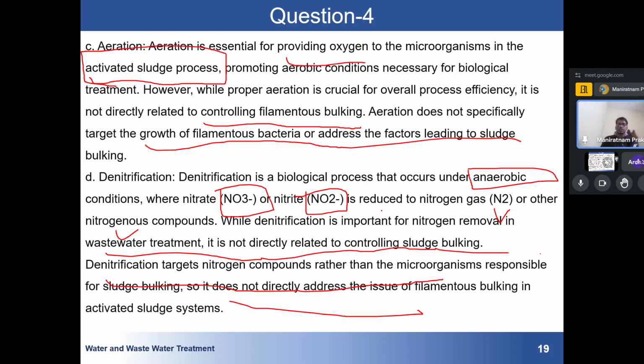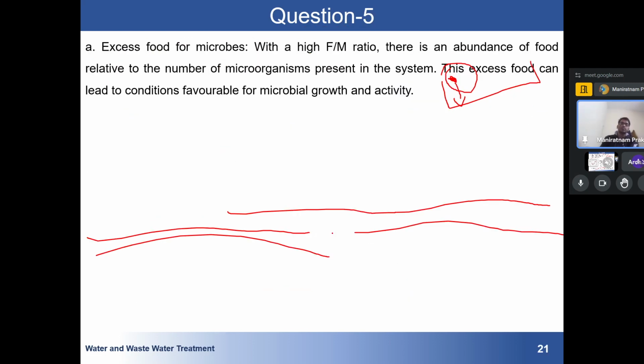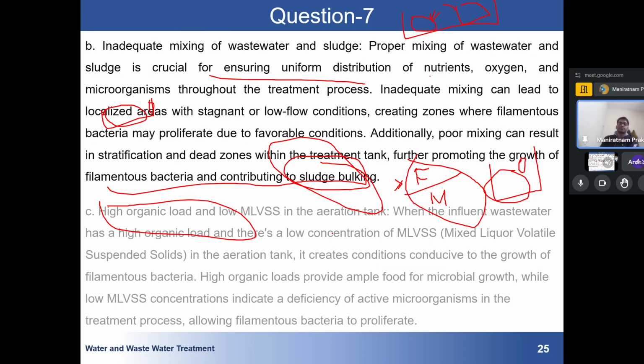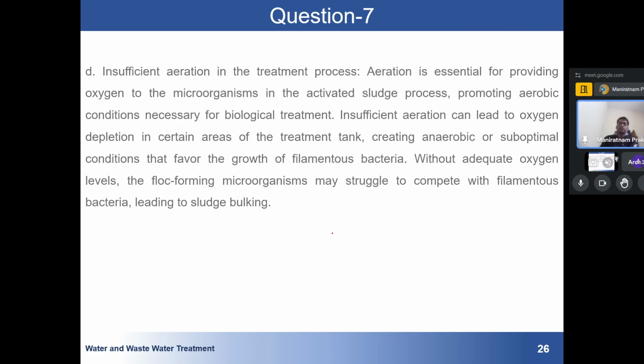Here also you can see that this aeration is not directly linked to sludge bulking. Okay, so if you want to read this paragraph, you can read it. What it is saying: aeration is essential for providing oxygen to microorganisms in the activated sludge process, promoting aerobic conditions necessary for biological treatment. Insufficient aeration can lead to oxygen depletion in certain areas of the treatment plant, creating anaerobic or suboptimal conditions that favor the growth of filamentous bacteria.